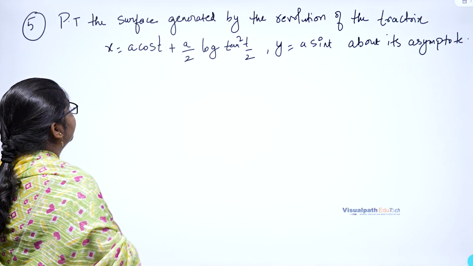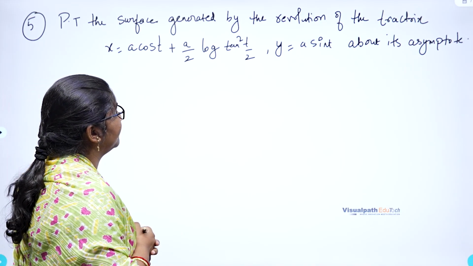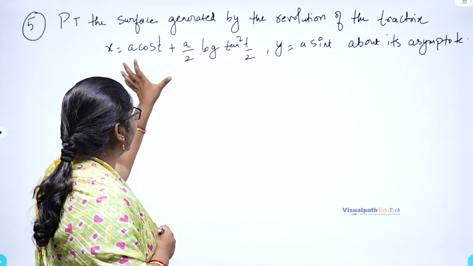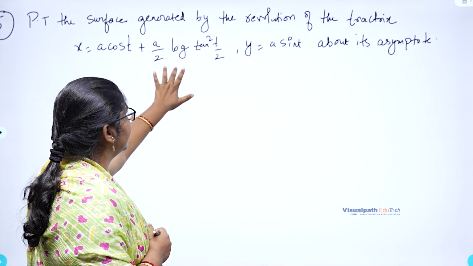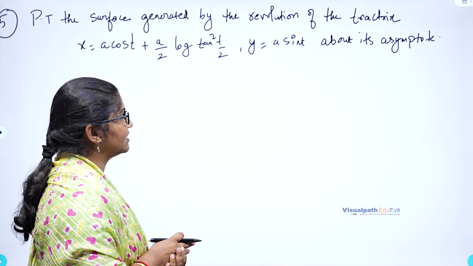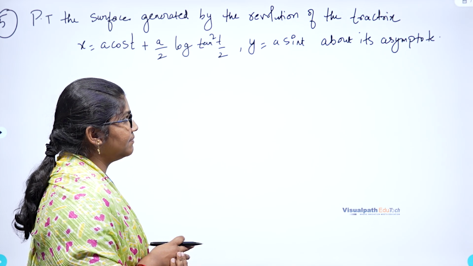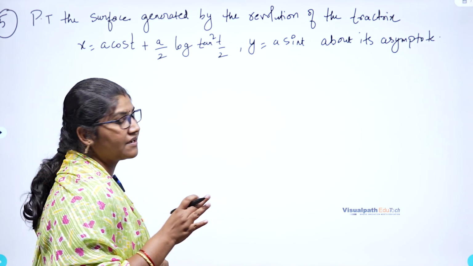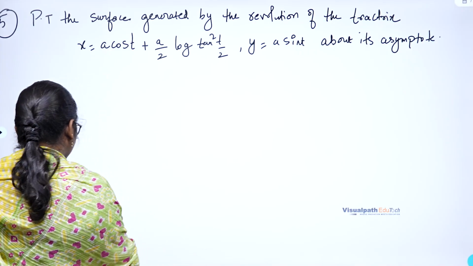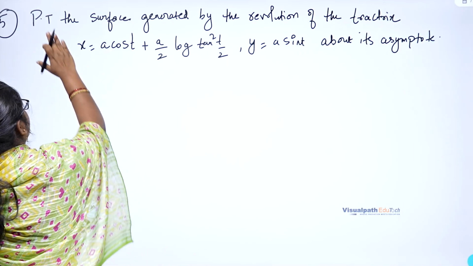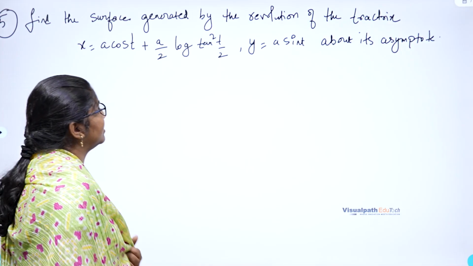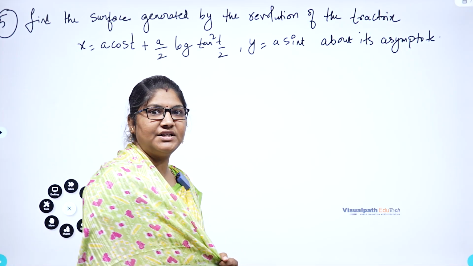Find the surface generated by the revolution of the tractrix, where x is equal to one curve given here and y is equal to another curve given there, about its asymptote. It's not prove that, it is find the surface.